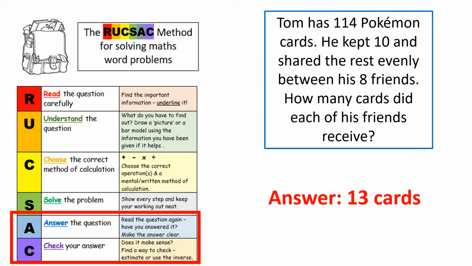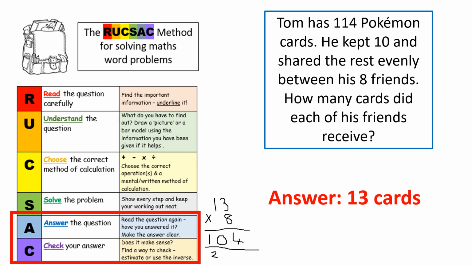I'm going to use the inverse to check mine. My last step was dividing 104 between 8. So the inverse would be to multiply my answer, which was 13, by 8. 8 times 3 is 24. 8 times 1 is 8, add the 2 is 10.